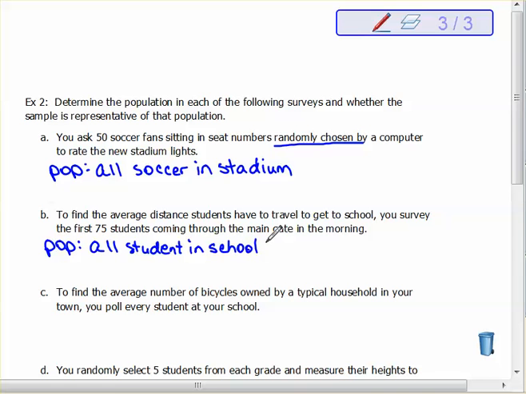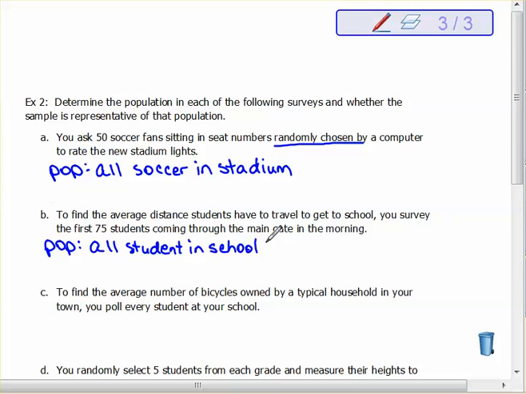Now, is this representative? Is the first 75 students coming through the main gate truly representative of all the students in the school? Well, not necessarily, because at this point you're only getting the first 75.